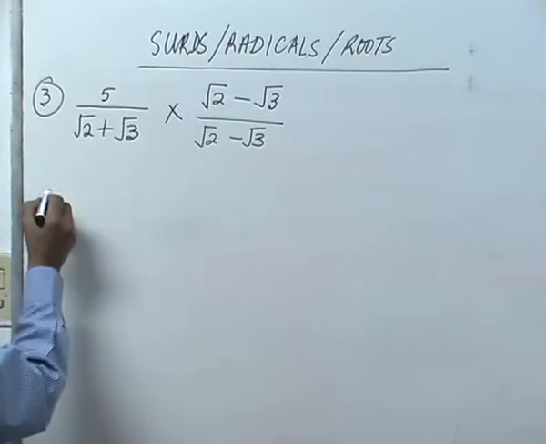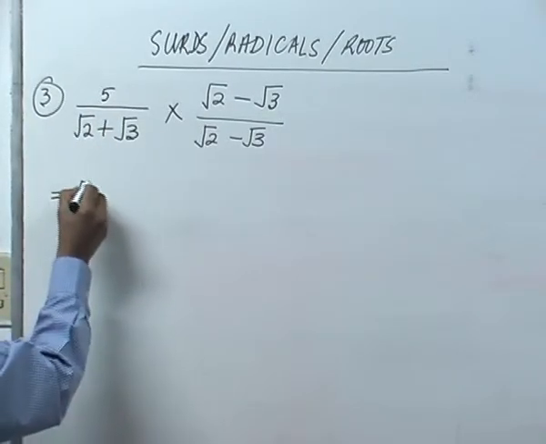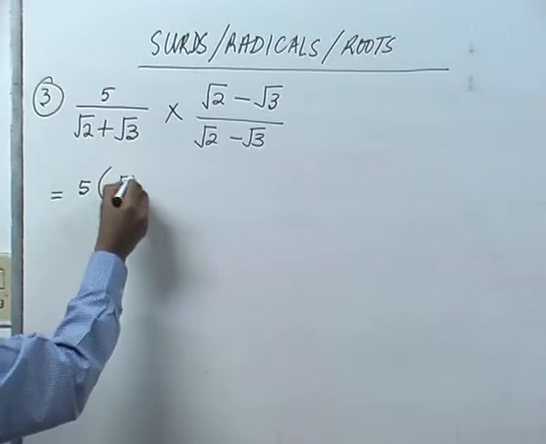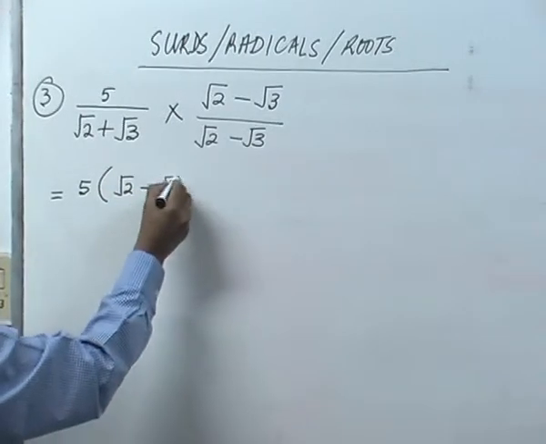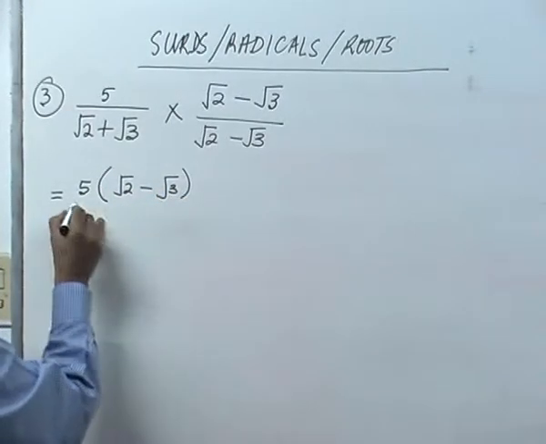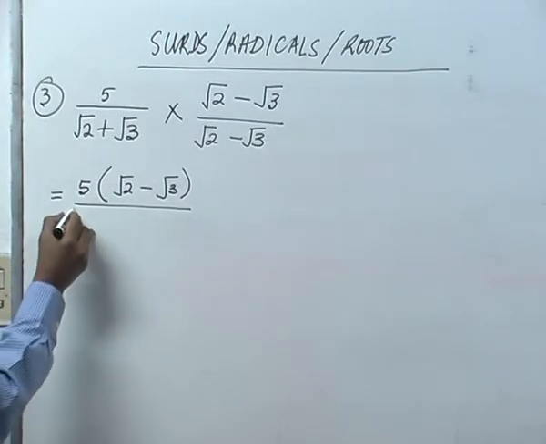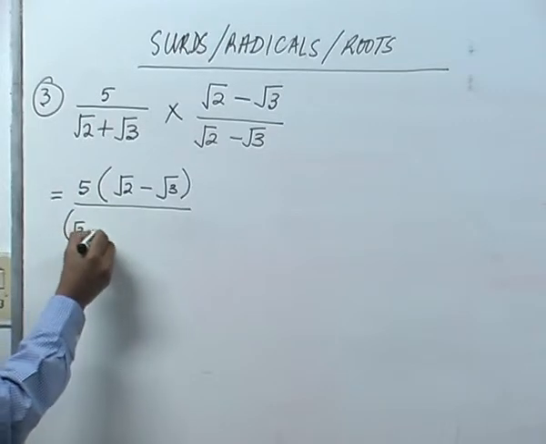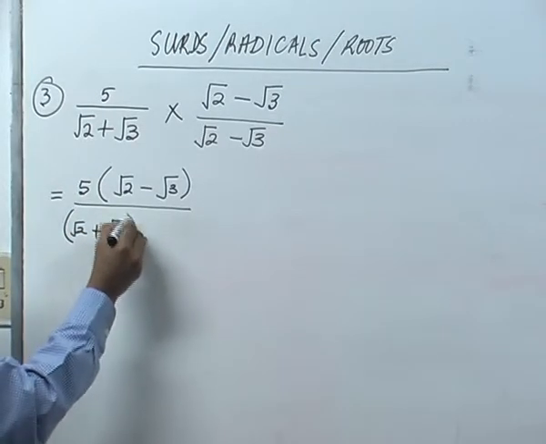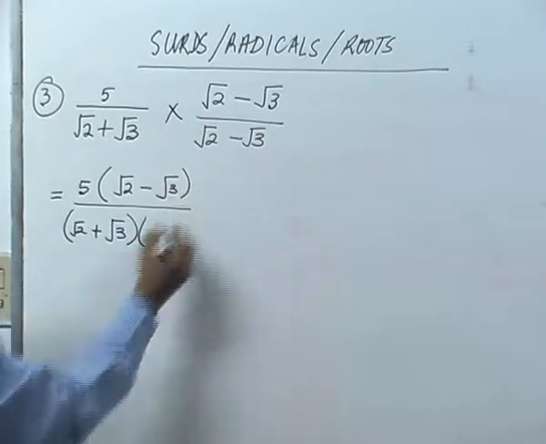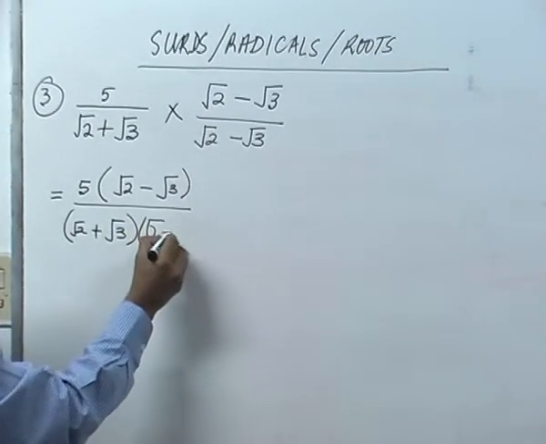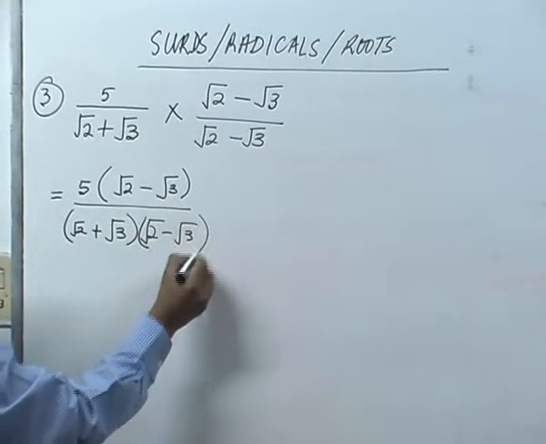Alright, so in the numerator, we got 5 times square root of 2 minus square root of 3, which we could leave like that. That's what the numerator is. 5 times square root of 2 minus square root of 3, we put that in a bracket. But in the denominator, we have square root of 2 plus square root of 3 times that, which is square root of 2 minus square root of 3.